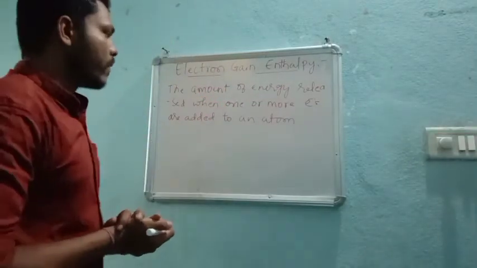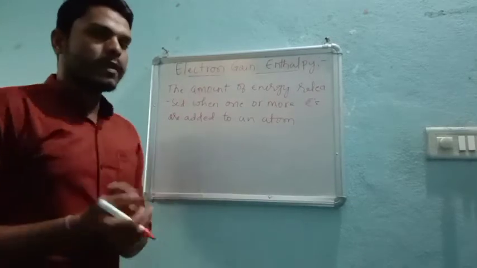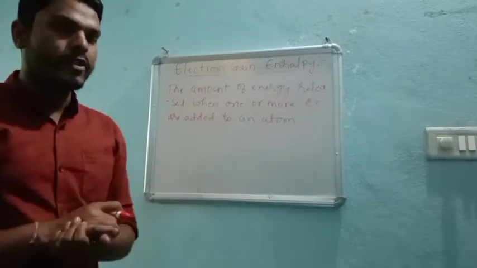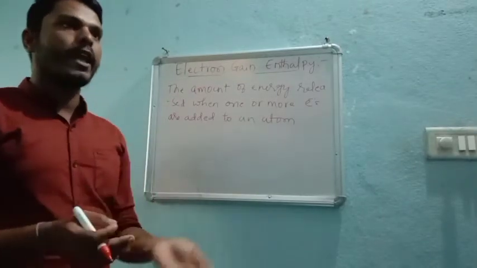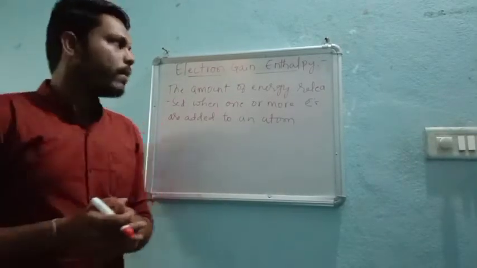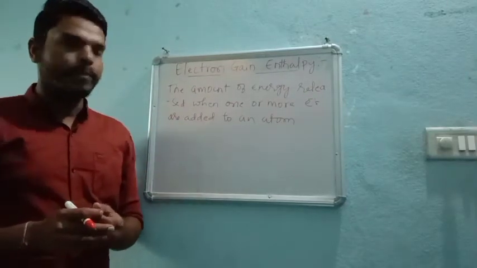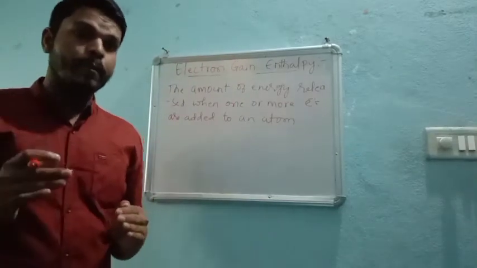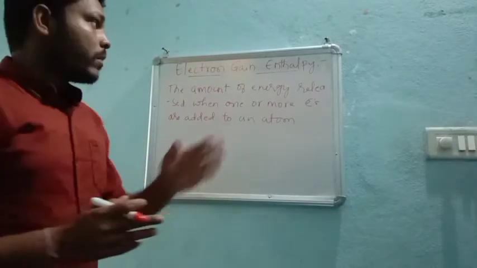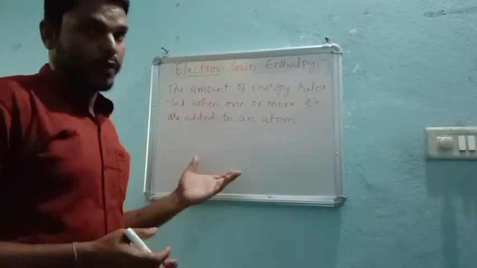So whenever we add an electron, some amount of energy is released. After gaining one or two electrons, the atom releases some amount of energy. That is nothing but the electron gain enthalpy. We need to see whether the electron gain enthalpy is more in a group or in a period, right?